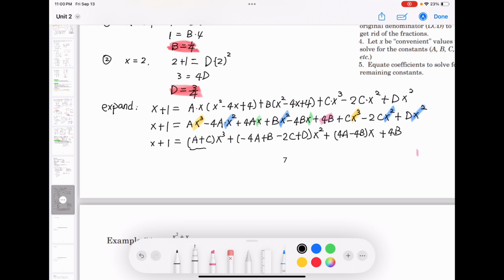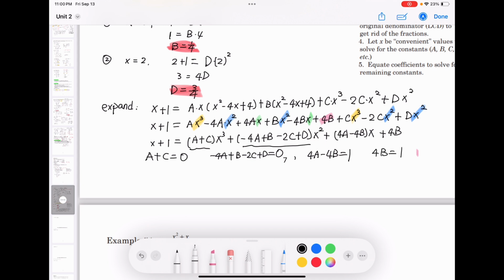That means a plus c is equal to 0 because there is no x cubed term. Then negative 4a plus b minus 2c plus d is equal to the coefficient of x squared. We don't have x squared on our left-hand side, so we can put 0 here. Then 4a minus 4b is equal to 1 because in front of the x we have 1. And lastly, 4b is equal to 1.